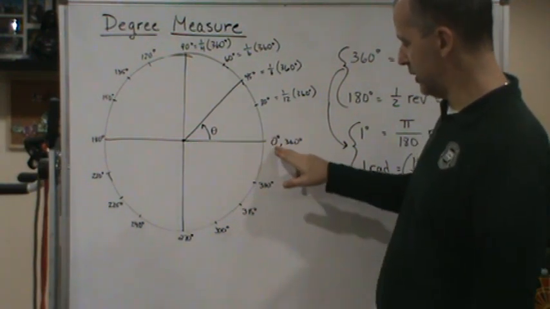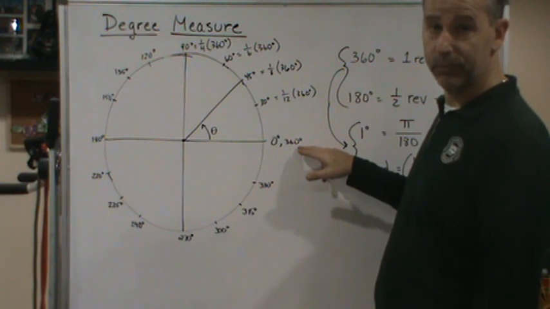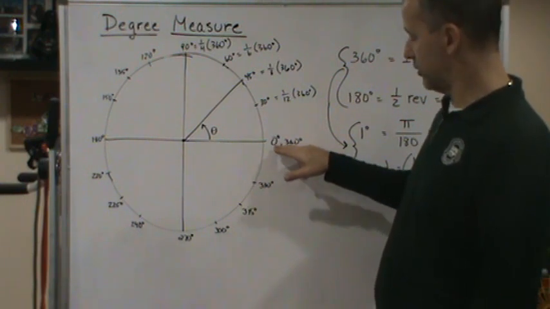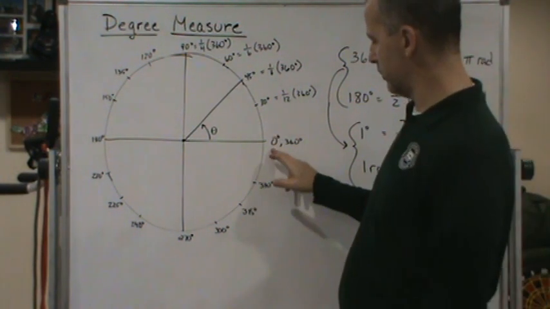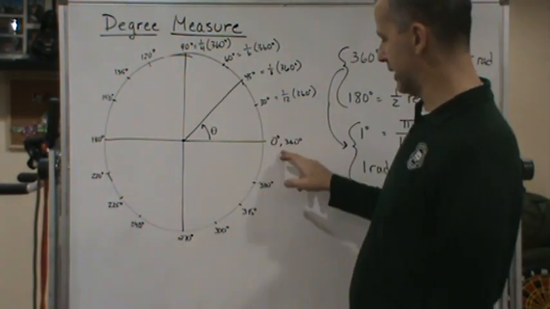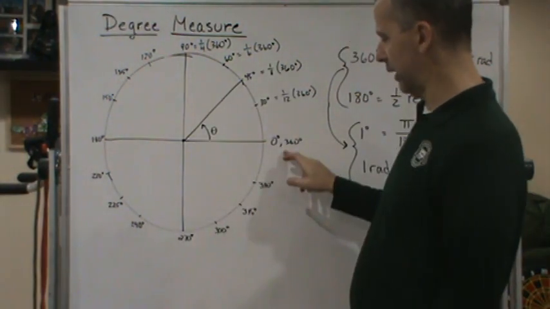Okay, so remember 0 and 360 represent the same angle, right? Okay, these are coterminal angles. So again, 0 is the starting point, all the way around is 360. Of course, if we go another revolution, that's 720, right?